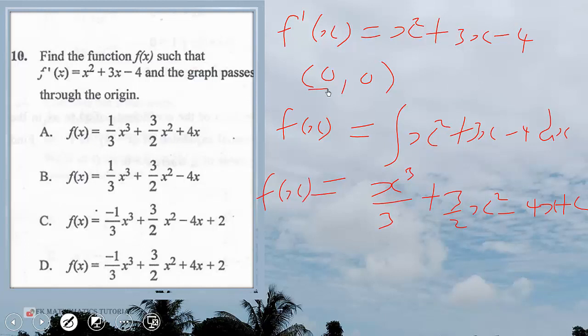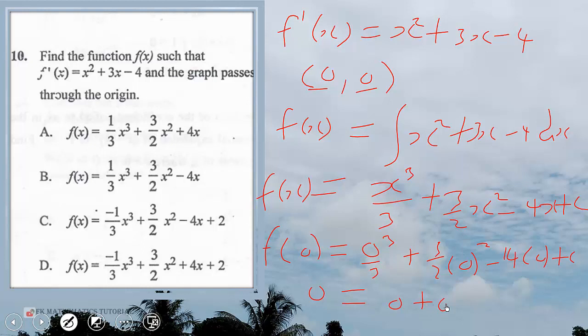Now when x equals 0, y equals 0. So f of 0 will be equal to 0 cubed over 3 plus 3 over 2 times 0 squared minus 4 times 0 plus c. So it means 0 will be equal to 0 plus 0 minus 0 plus c. So c is equal to 0.